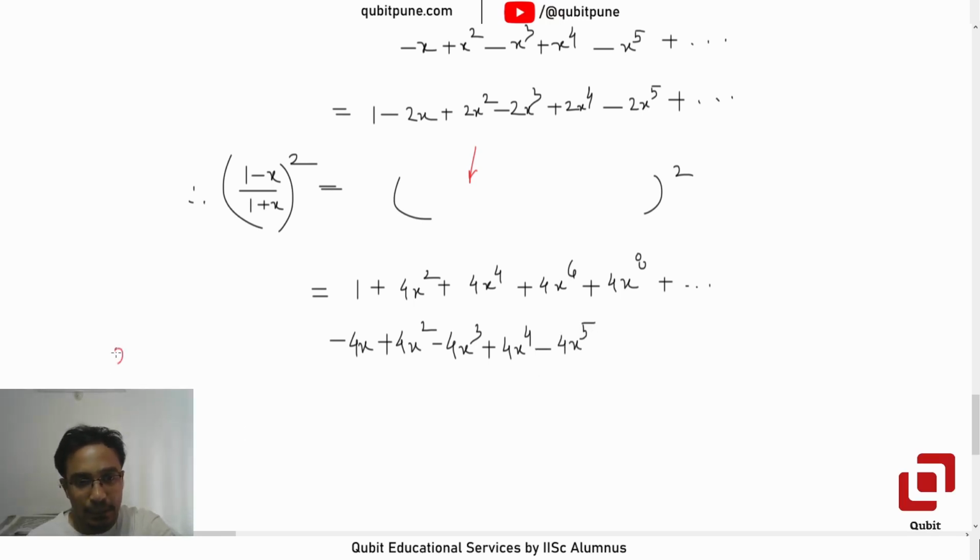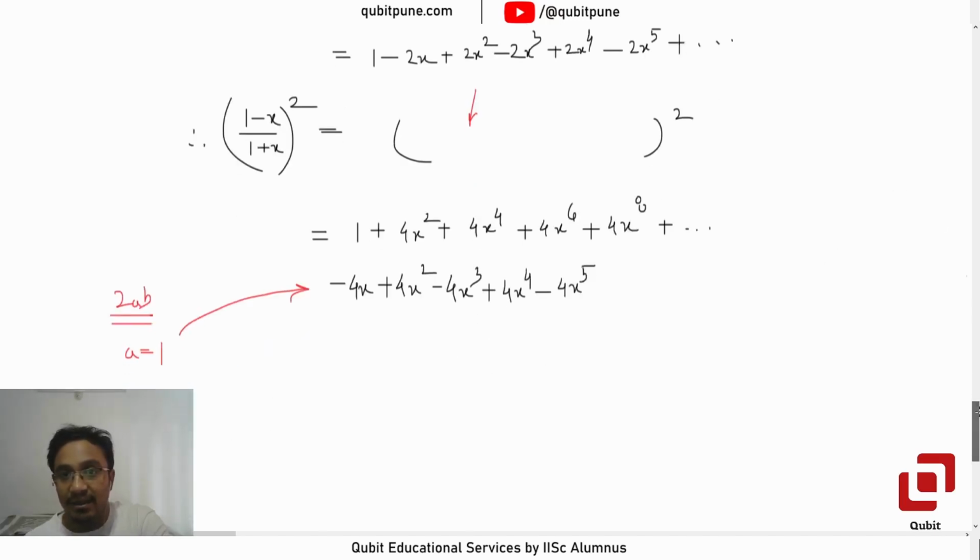Let me explain it again. We are considering 2ab terms with a equal to 1, and b being all the terms one by one. With minus 2x it gives us minus 4x, with 2x squared it gives us 4x squared, with minus 2x cubed it gives us minus 4x cubed, and so on. That's for a equal to 1. Now let us consider a as minus 2x, no need to consider 1 again.